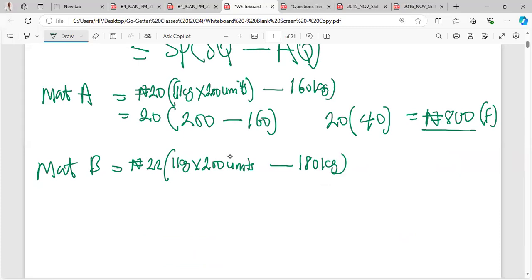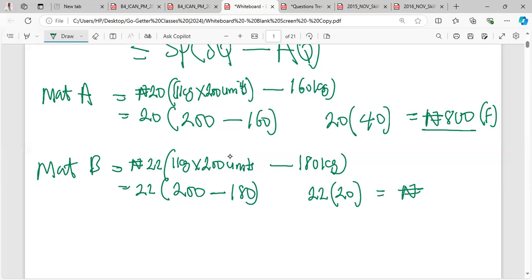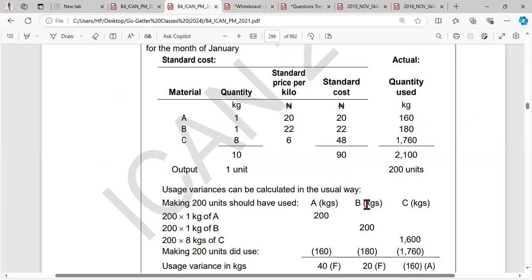So this is the same thing as 22 times 200 minus 180, which is the same thing as 22 times 20. 22 times 2 is 44. So that is going to be 440 favorable. So that's what you get here, is 440 favorable.